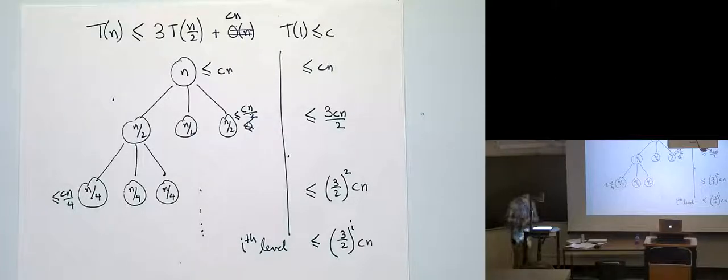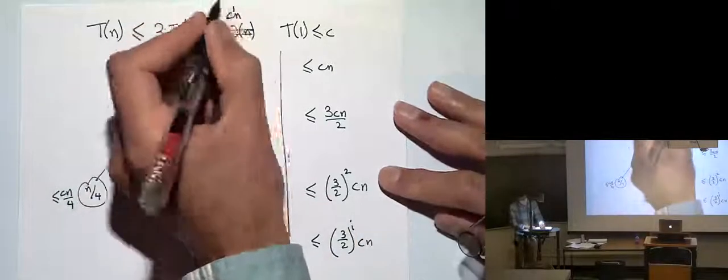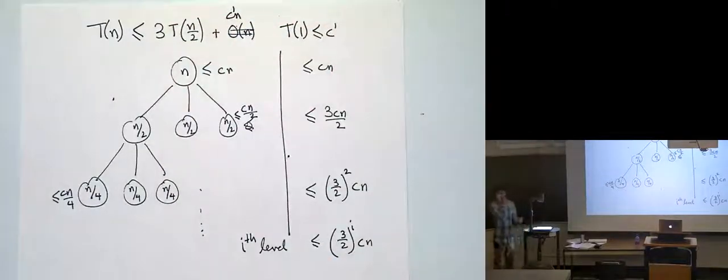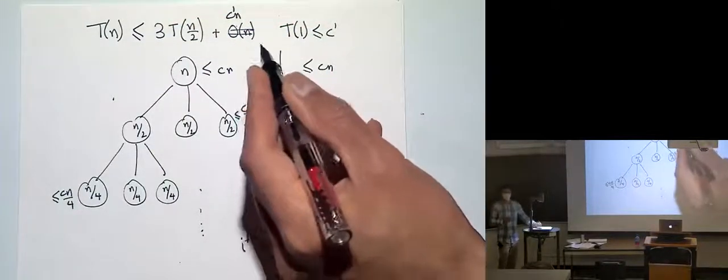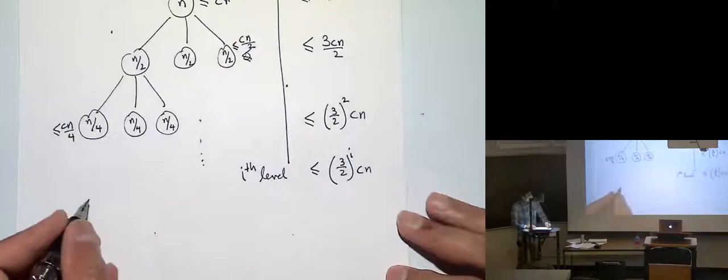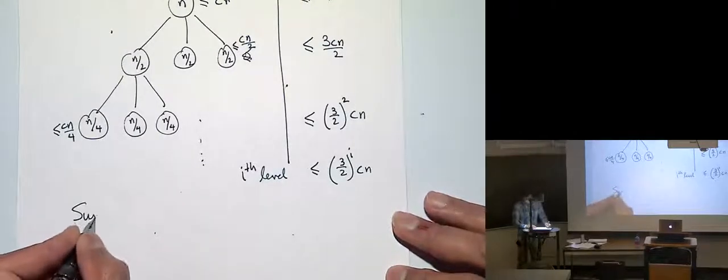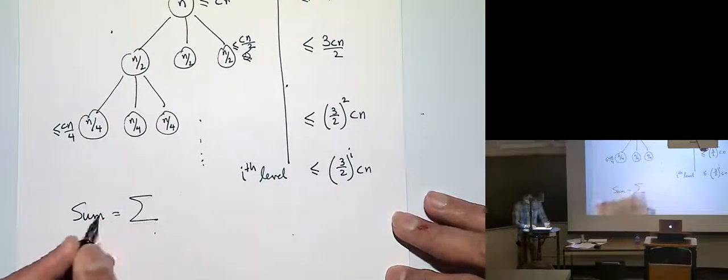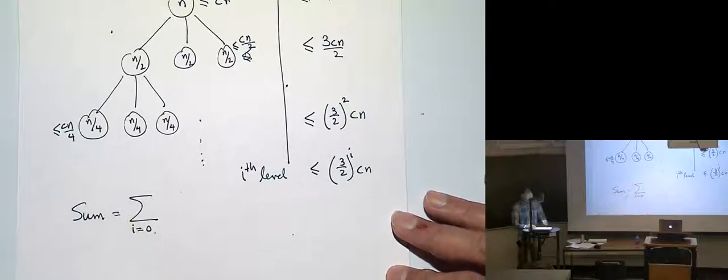So let me write this down. Maybe instead of c, I'll call it c prime. C prime is the one that you get for Karatsuba, and c is the constant you get for the other divide and conquer. So the sum over here is the sum. What is the height of the tree?